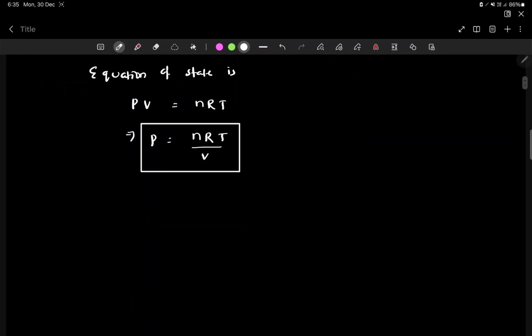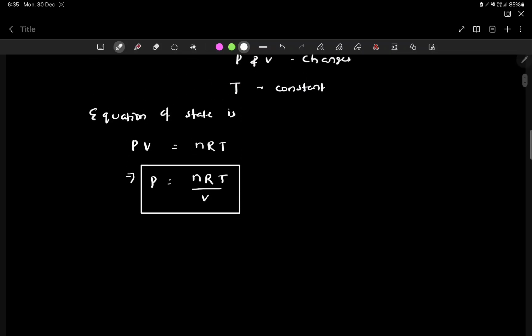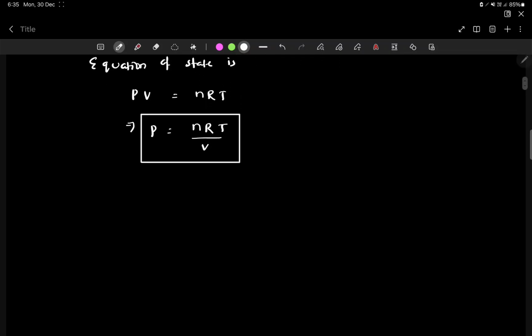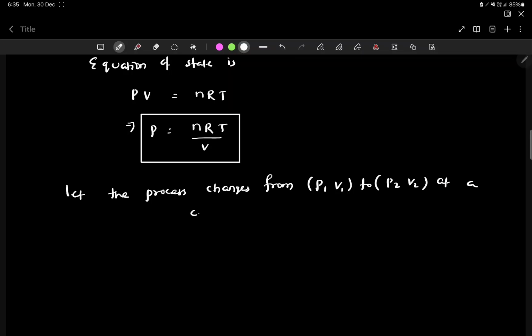So in thermodynamic processes, that is your isothermal process, let the process change from pressure P1, volume V1 to pressure P2, volume V2 at a constant temperature, as it is an isothermal process.